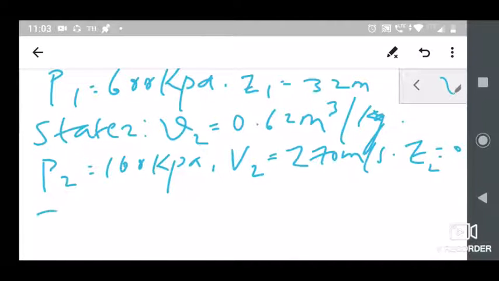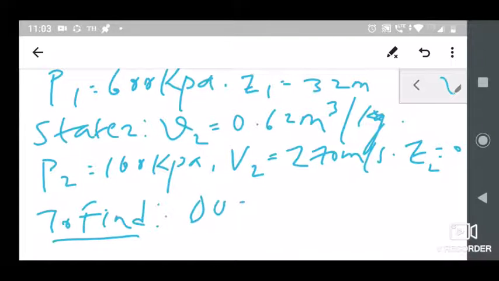So this is what we need to find: the internal energy.